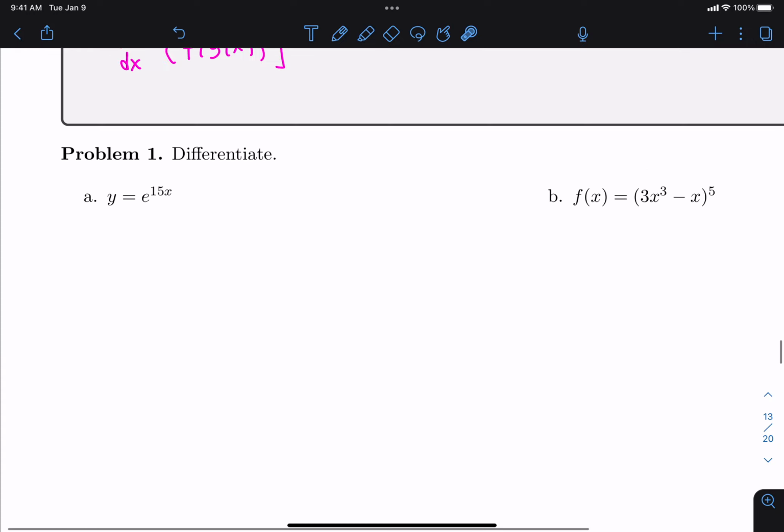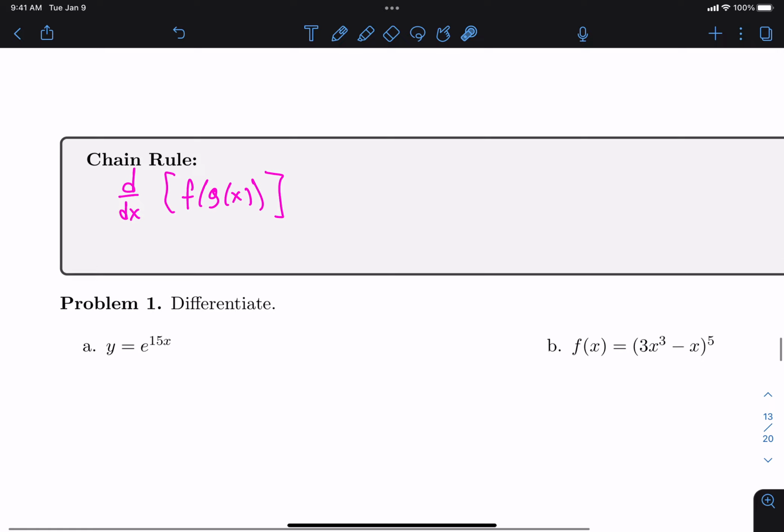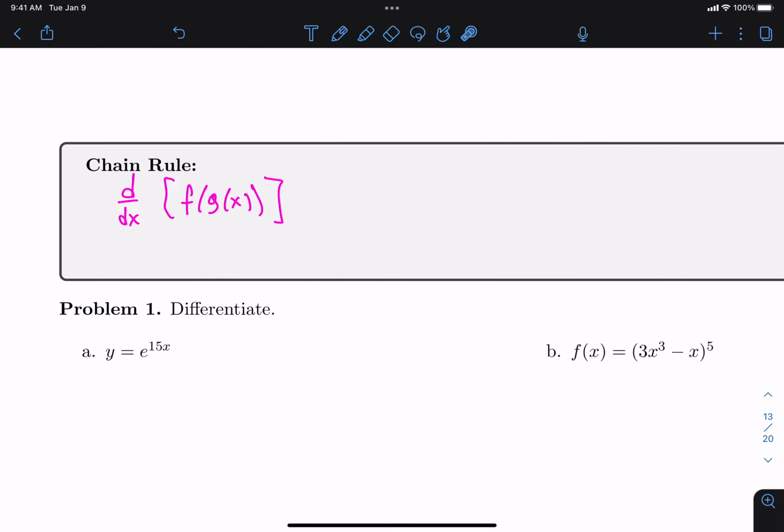Okay, so let's get back to the rule. So we want to know how to do the derivative of one function inside of another function. And to do that, we're going to have to be able to identify what are the inside and outside functions. That's why we did that practice at the start. But let's go to the rule, which says that this is going to be equal to the derivative of the outside function, where we leave the inside function alone, and then we're going to multiply by the derivative of the inside function.